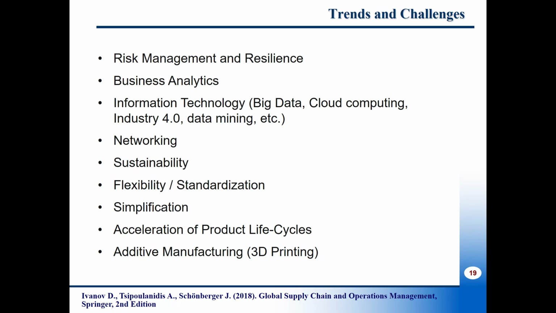And in that case, innovation should be the key for supply chain and operations management: how to produce products with new variety that is needed by customers to increase the added value of the product to the customer. And another trend is additive manufacturing, another name for 3D printing.